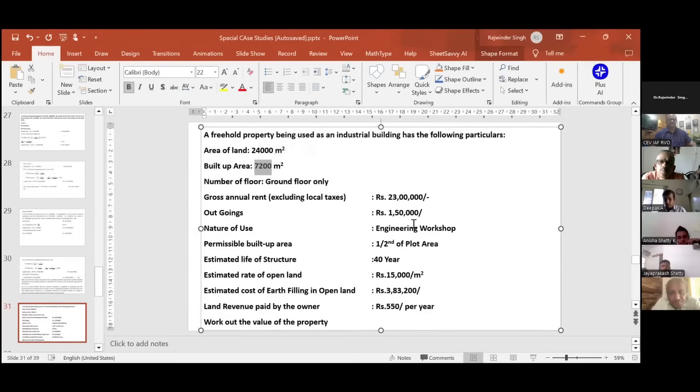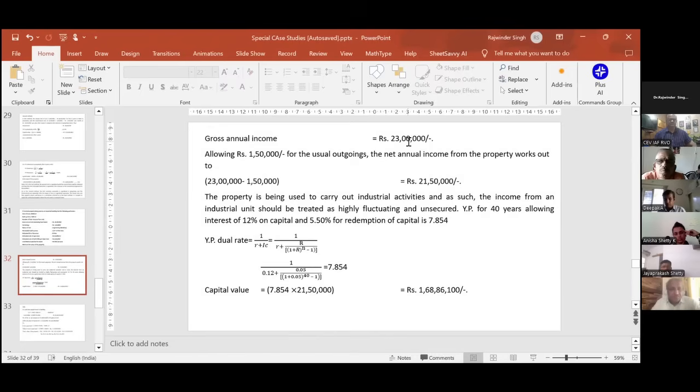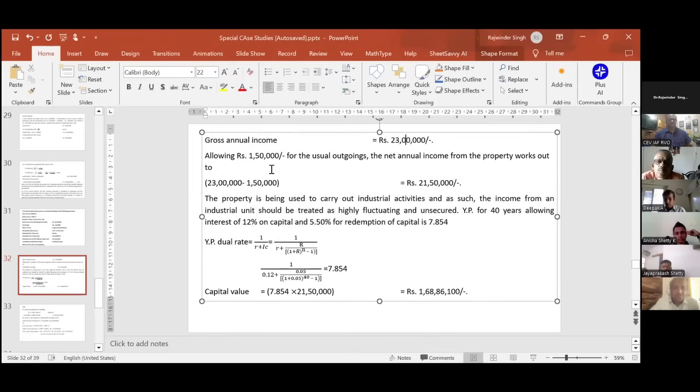So what we will do, we will calculate the capitalized value for this 23 lakh less 1,50,000, and then you will deduct this 550 rupees per year, which is land revenue. These are the outgoings. So gross annual income is 23 lakh, 1,50,000 as one outgoing.